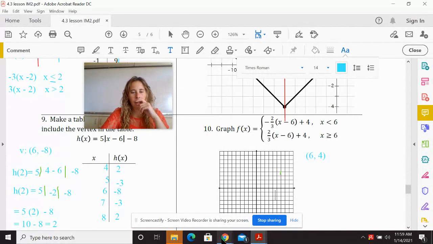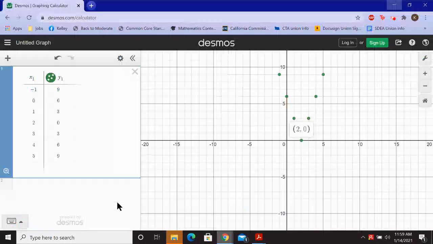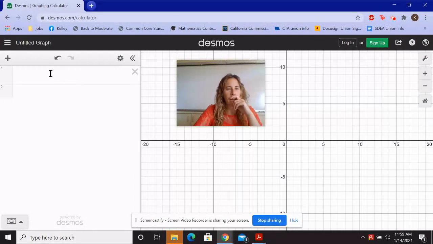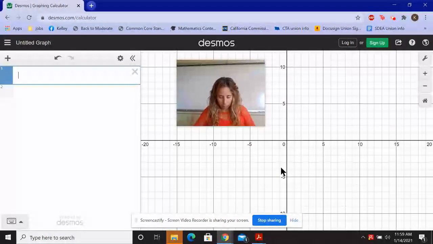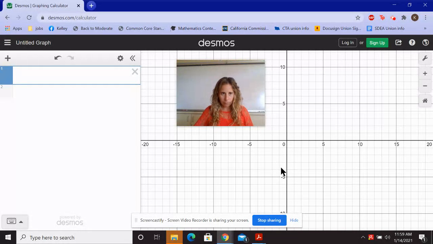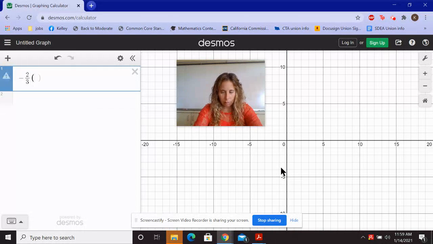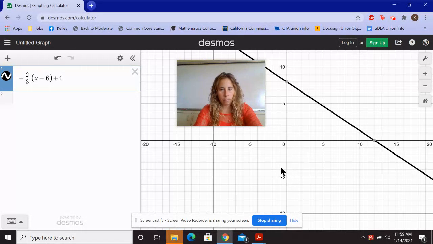Okay, let's do that. Let's get rid of that guy. So we're going to do, I already forgot what it was. We'll do both of them separately. So the first one is -2/3 x minus 6 plus 4. We're going to have to zoom out.